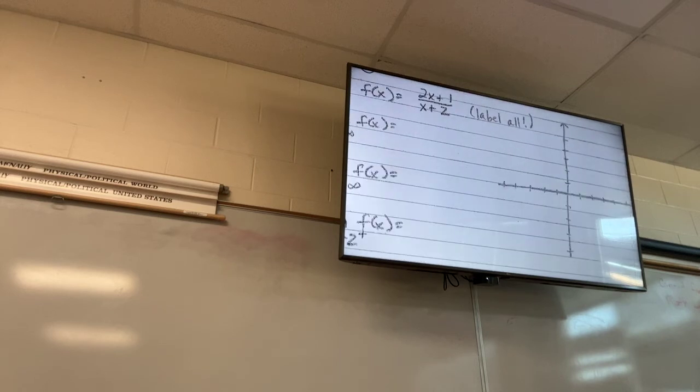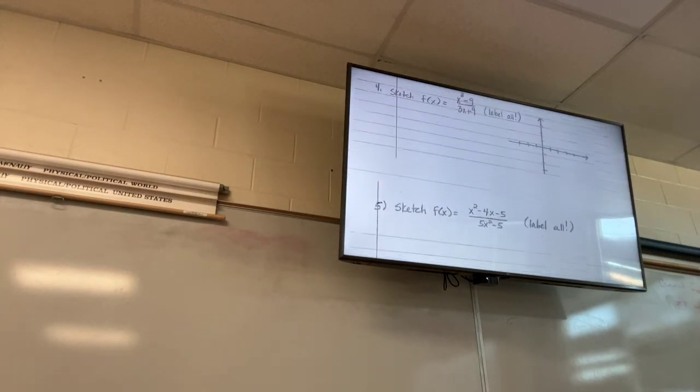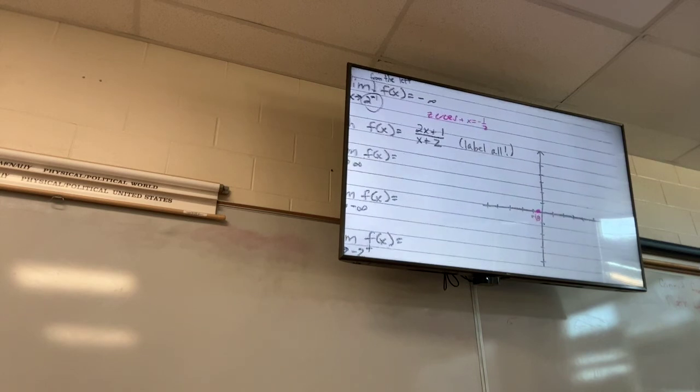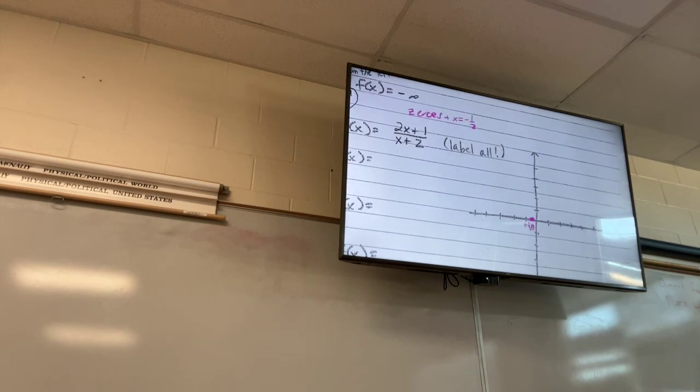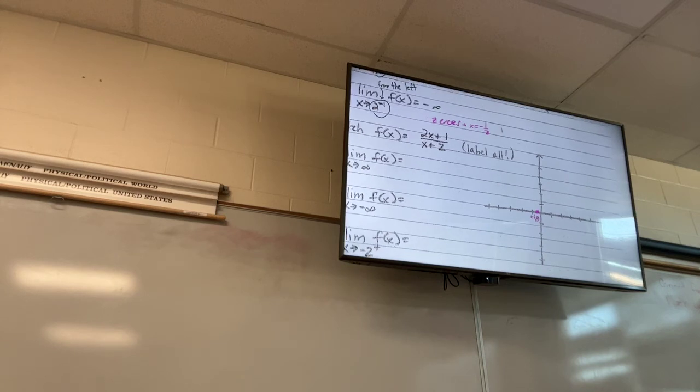So plot the 0, the only one. That's x. Vertical asymptotes, where? At the bottom equals 0, so that's going to mean x equals negative 2.